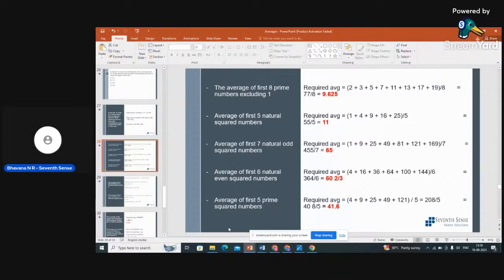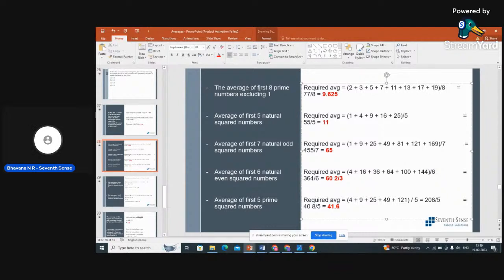The average of the first 8 prime numbers excluding 1. So here we have to keep aside the 1. Next we continue from 2, 3, 5, 7, 11, 13, 17, and 19.